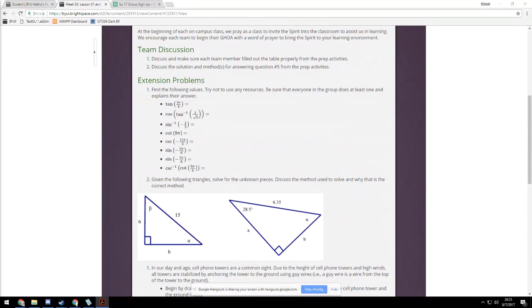From there, you can take the tangent or, since we're given the opposite of 42, we know that sine of 42 equals 7 over c.